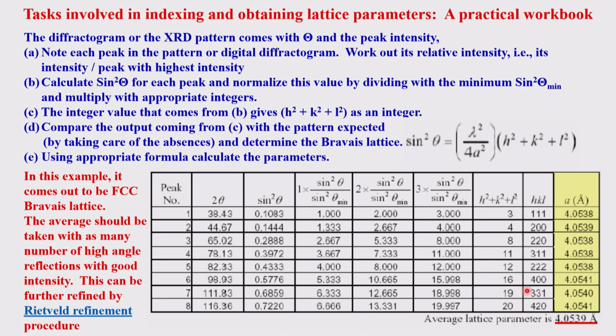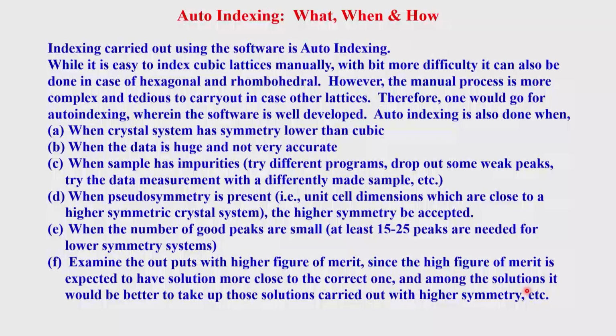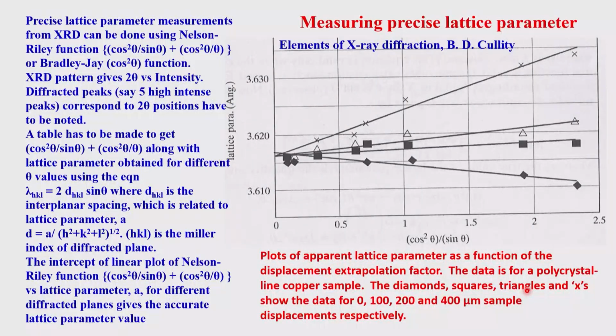So that is where I am talking now about the method which is used for getting the precise lattice parameter. Here, because your powder has particles, the particle could be polycrystalline within itself, or it could be single crystal also, and particle sizes could also change. So there will be a huge distribution of that.